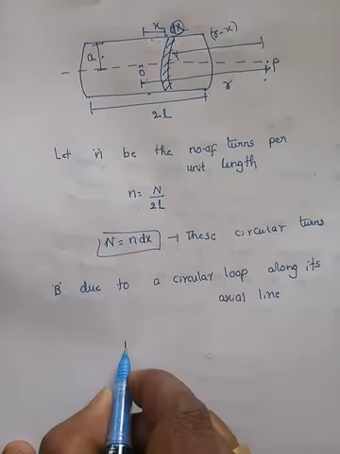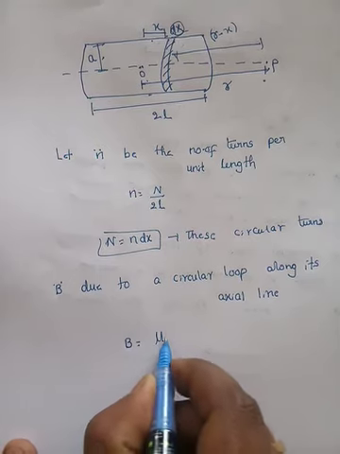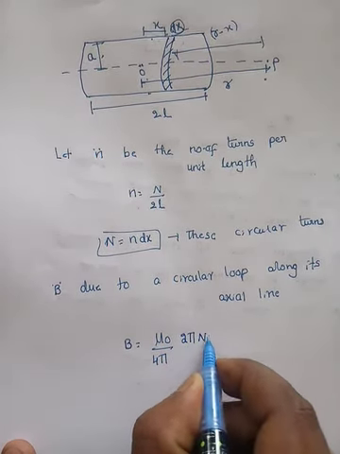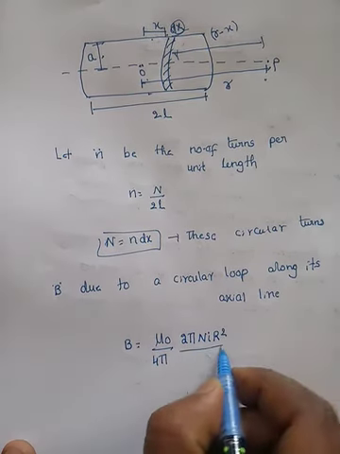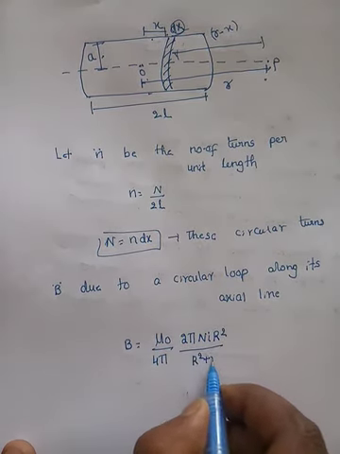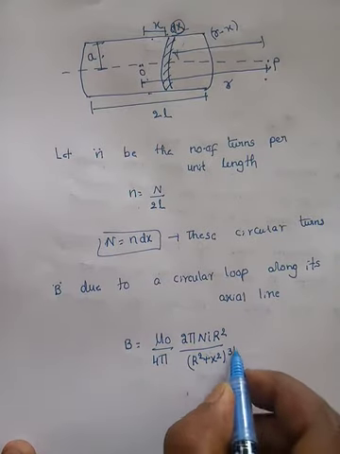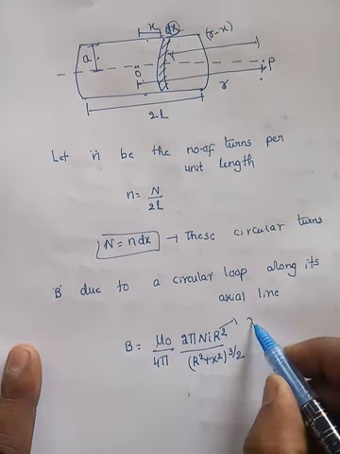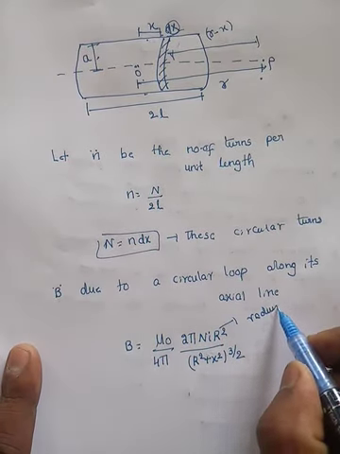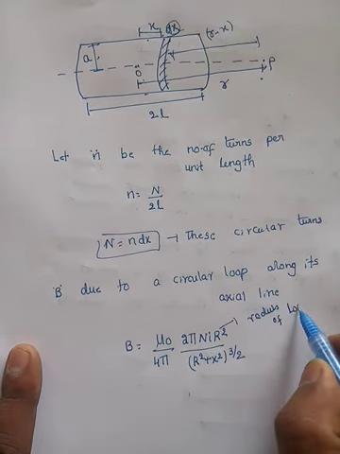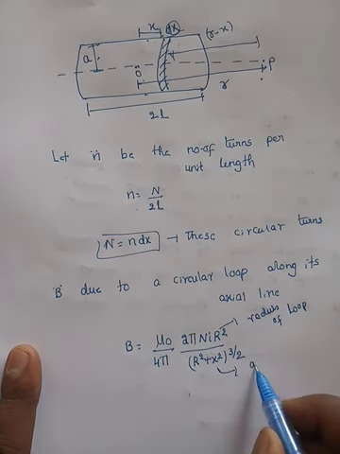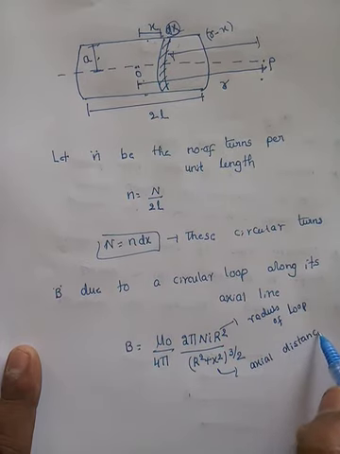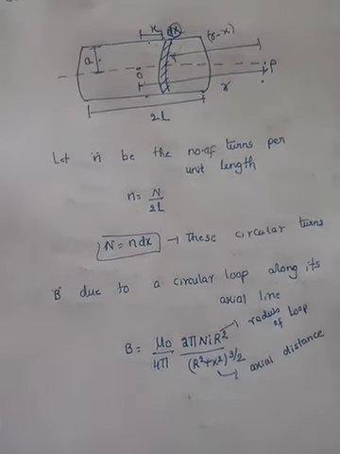What is the formula? B is equal to mu naught by 4 pi, 2 pi n I r square by r square plus x square whole power 3 by 2. Here we should remember r is the radius of the circular loop, x is the axial distance, the distance from the loop to the point, and I is the current.